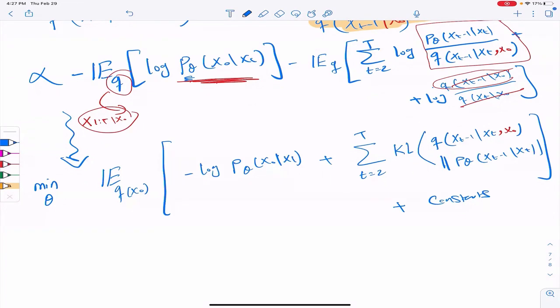So in my optimization, I'm going to have some samples from my true distribution. The first term is minus log p theta x0 given x1, and I have t minus 1 terms that are KL between these two distributions, q of xt minus 1 given xt and x0, and p theta of xt minus 1 given xt. That is the objective. That's what we try to solve. And the rest are constant.